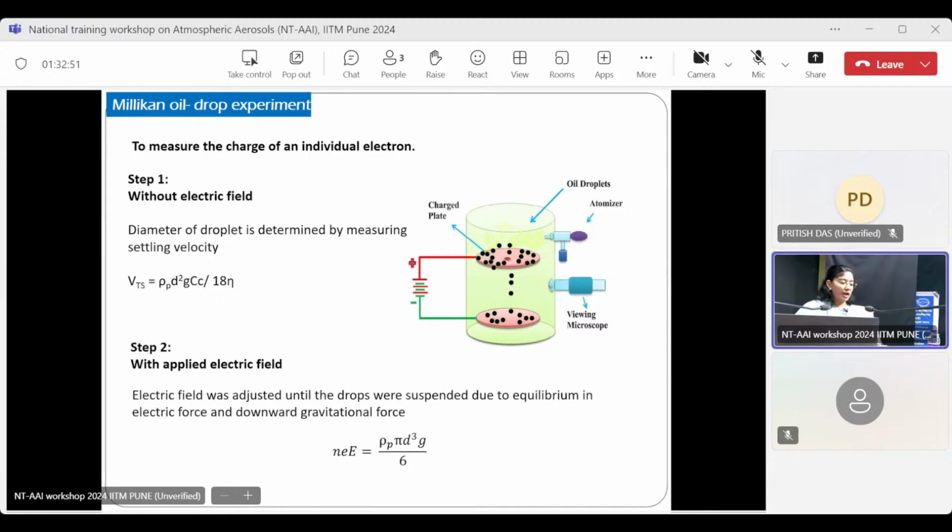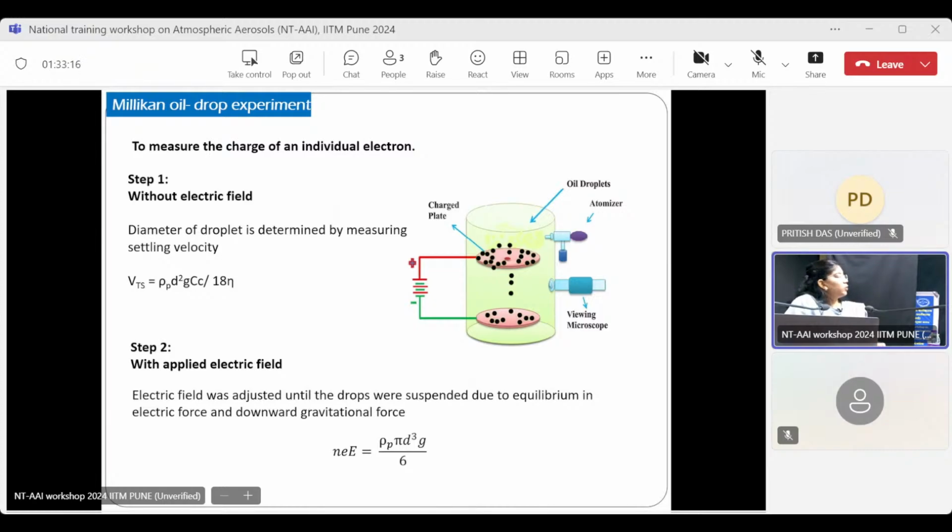So how did they do that? They took a chamber. In that they placed two parallel plates, applied voltage across them, and there is a hole in the upper plate. They generated the oil droplets using an atomizer, so basically aerosol droplets, and there is a hole from where the particle will drop down.